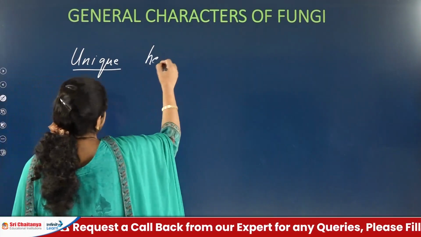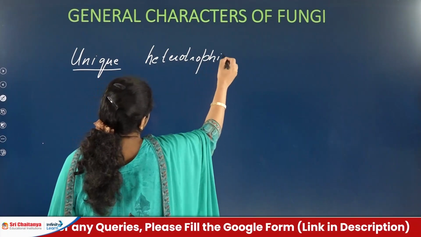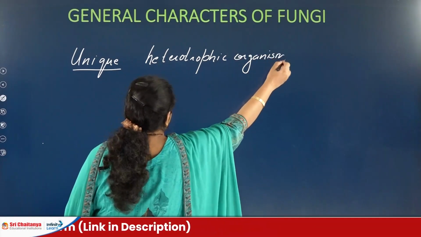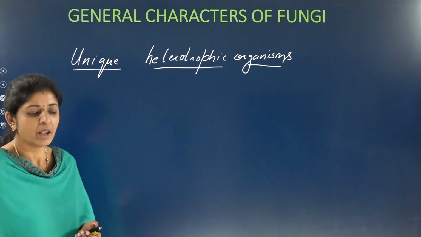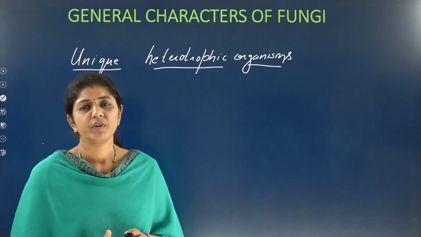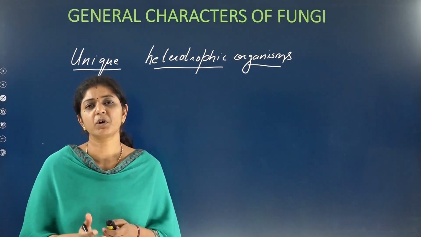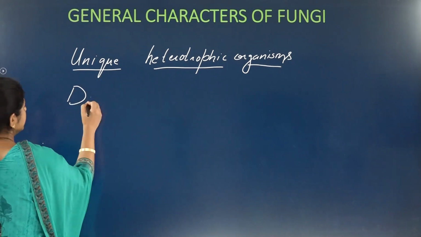Because it is made up of heterotrophic organisms. All organisms here are heterotrophic, which can be saprophytic, parasitic, or even show symbiotic association. They will show you diversity.